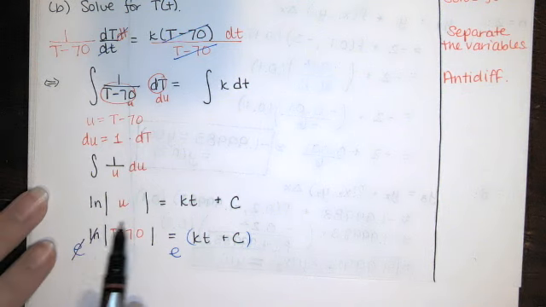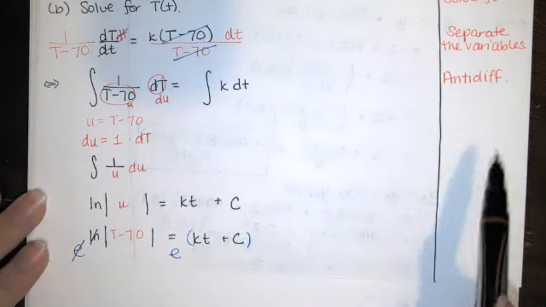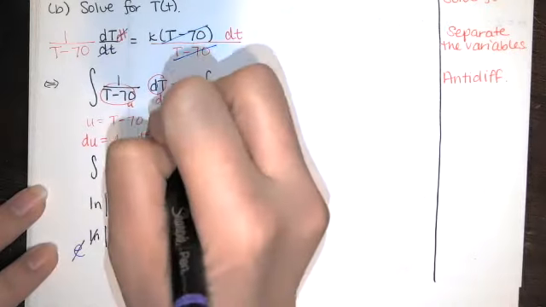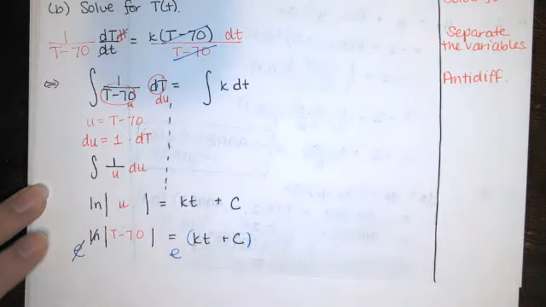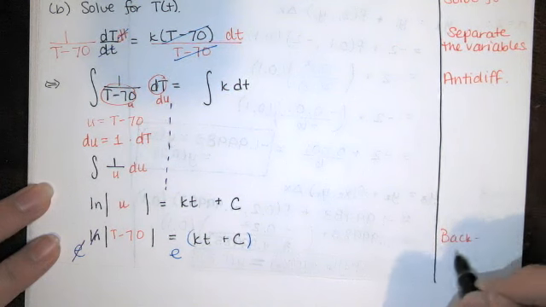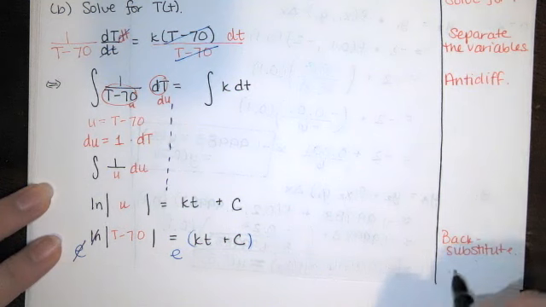And we'll just have the absolute value of this over here. Now let's see, what were we doing? We anti-differentiated. And then we back substituted for the u substitution. And now we're solving for T.